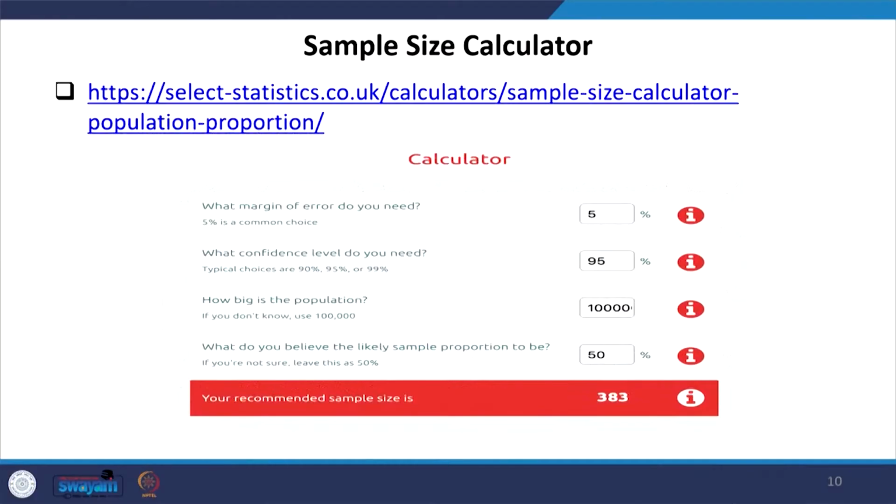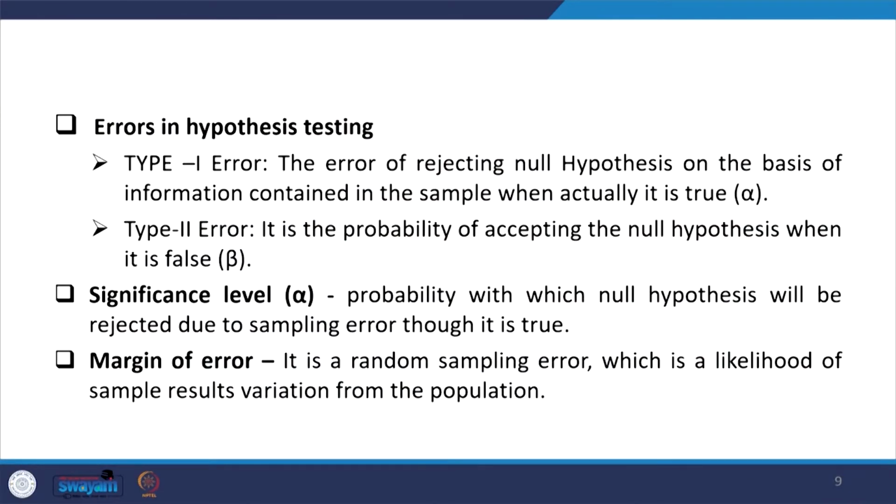Type 2 error is beta. Now, let us come to the first, type 1 error: rejecting a null hypothesis when it is actually true. Say you wanted to test for a context, but your sample has given certain information, and on the basis of that you are rejecting your population unit.